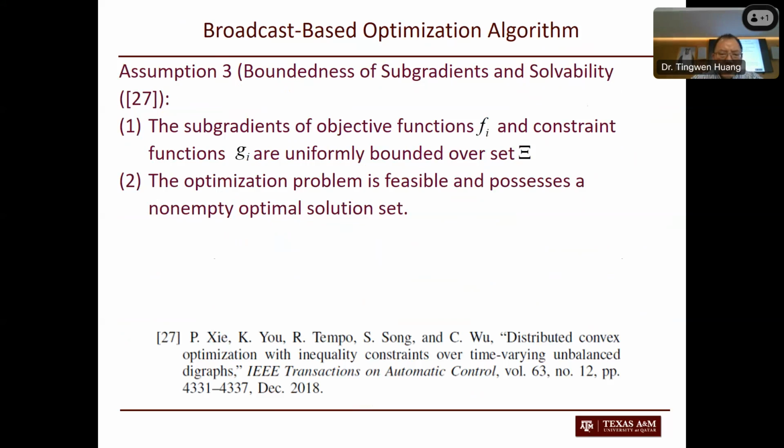So we call this boundedness of subgradients and solvability. First, the subgradients of objective functions fi and constraint functions gi are uniformly bounded over this set. Another condition, the optimization problem is feasible and possesses a non-empty optimal solution set.